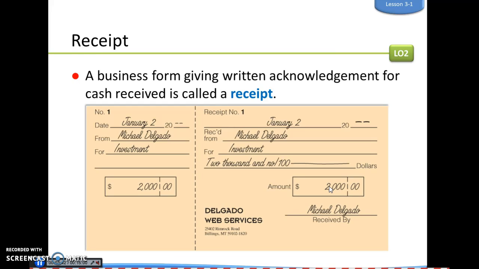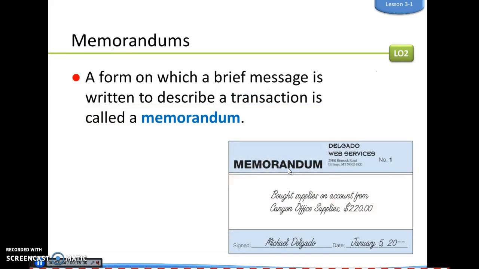And then a receipt is a business form giving written acknowledgement for cash received. A memorandum or a memo, probably heard that more than memorandum, is a form on which a brief message is written to describe a transaction.